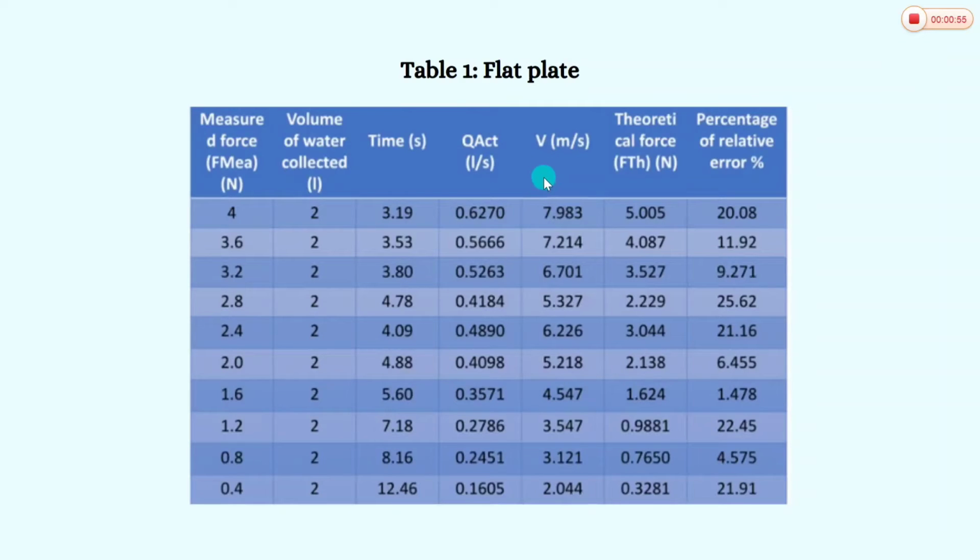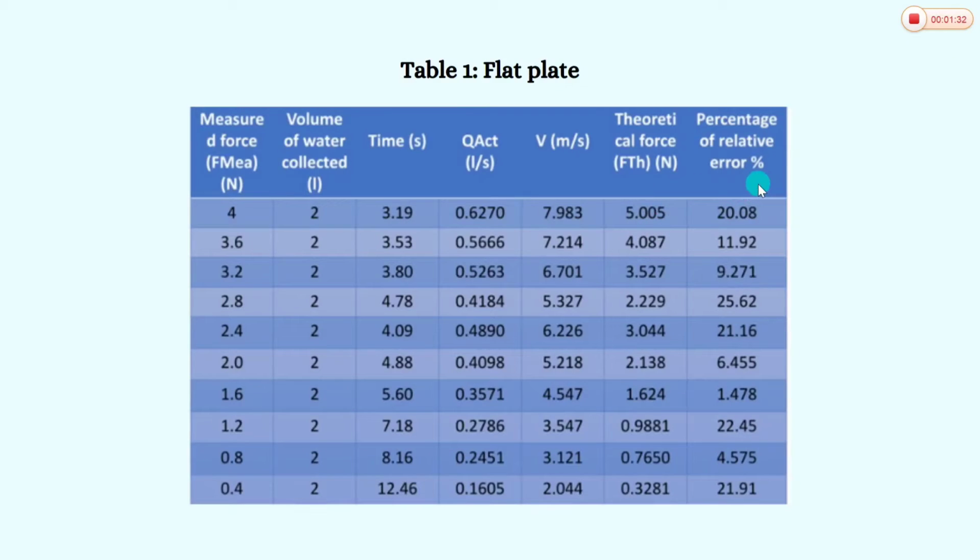And for velocity, as we know, V equals Q over A. A is 10 millimeter, so we can calculate V. This is the theoretical force, which we can calculate by F_th equals rho A V squared.